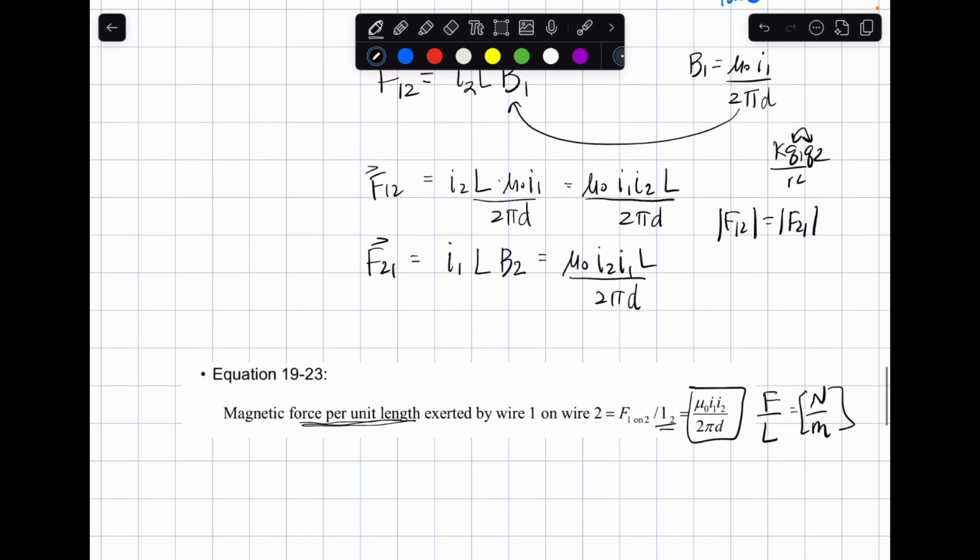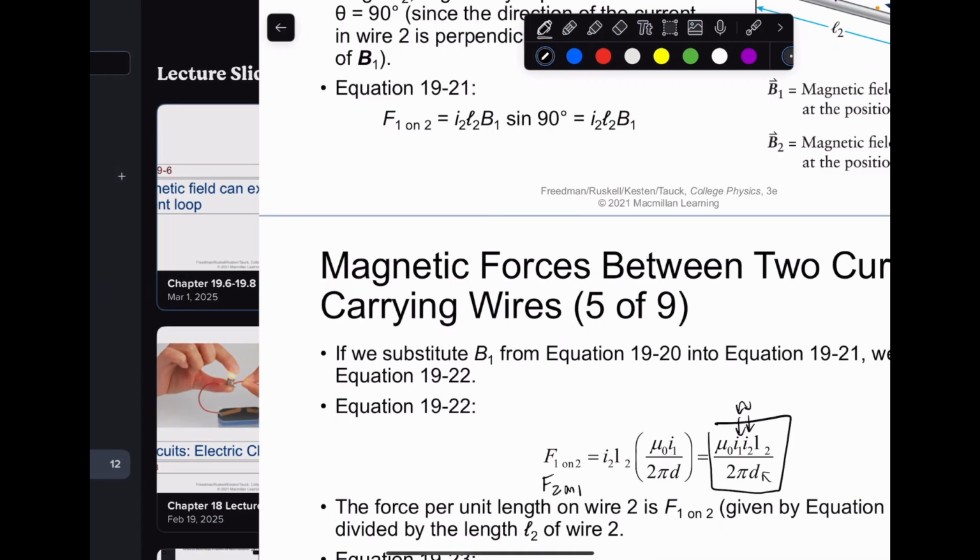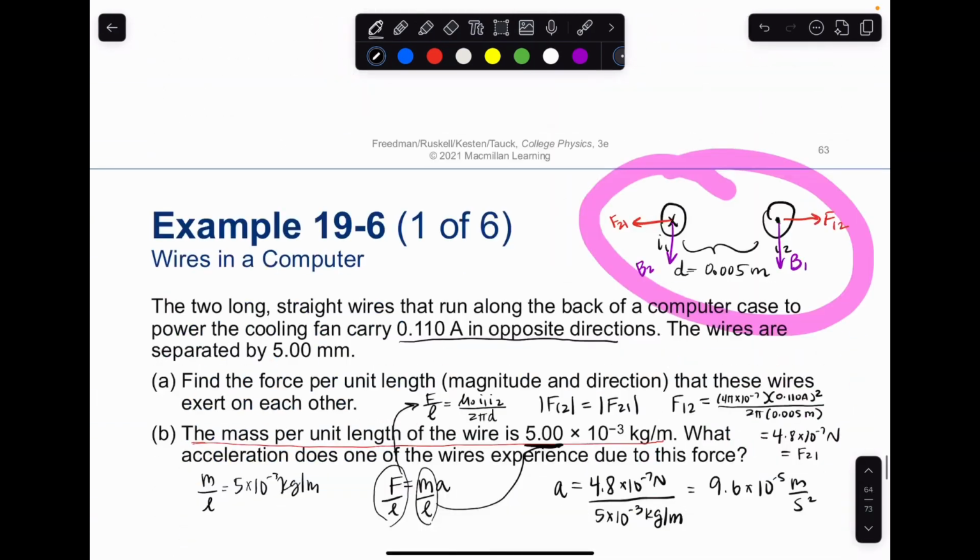And so there's an example in the lecture slides, example 19.6. Let's just look at it real quick. I'll let you guys do it. It's a very straightforward example.